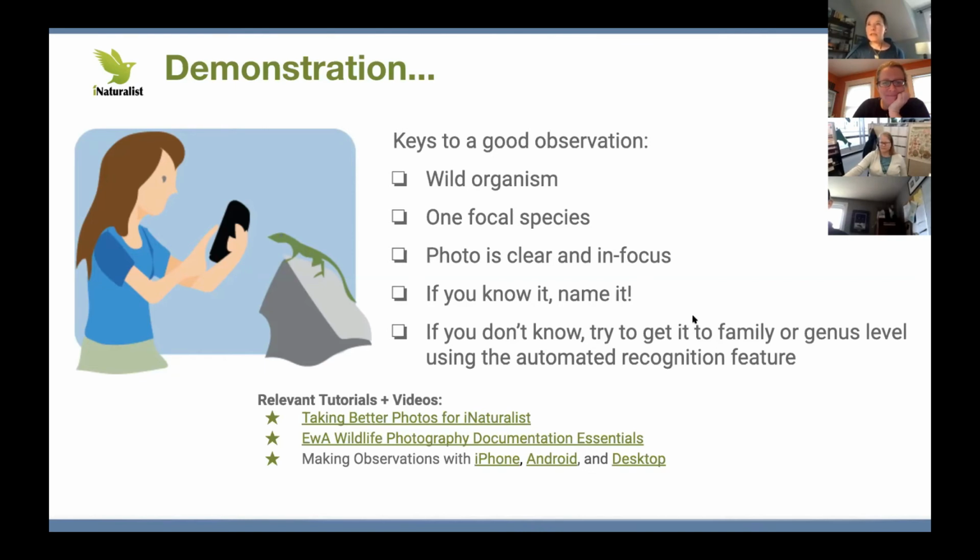If you know it, name it. That's about the identification. And as I said a little bit earlier, if you don't know, that's okay. Try to get it to what you know in terms of the taxonomy, right? Family, genus, species, or let the community do that. One little tip: I usually avoid leaving it at unknown, because an unknown observation is usually not really looked at by the community.